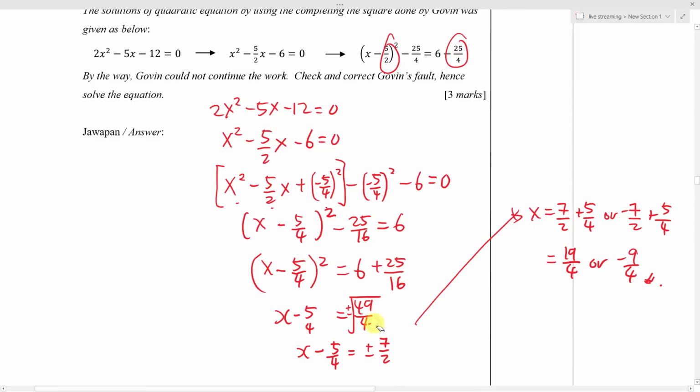Oh my god, I can't believe I made so many carry mistakes. Yes, so this is 7 over 4. Yeah, thanks for the correction. So this is over 4. Finally, it's correct. This is 12 over 4, which is 3. This is negative 2 over 4, which is negative 1 over 2. Okay, I guess finally it's correct.